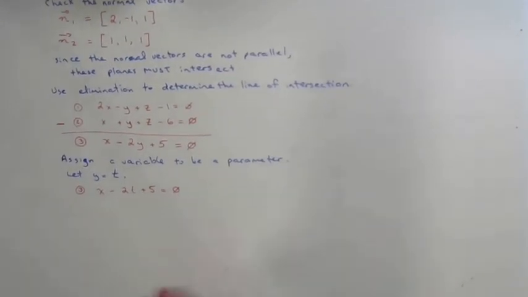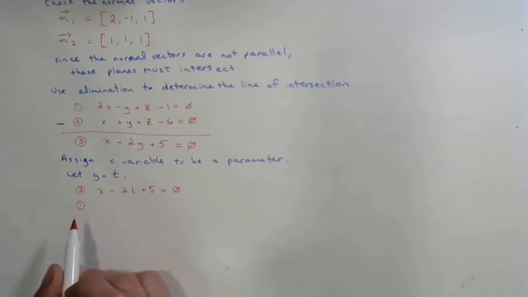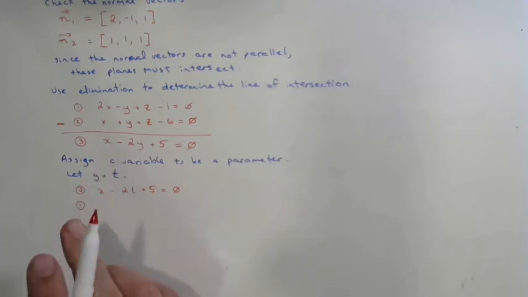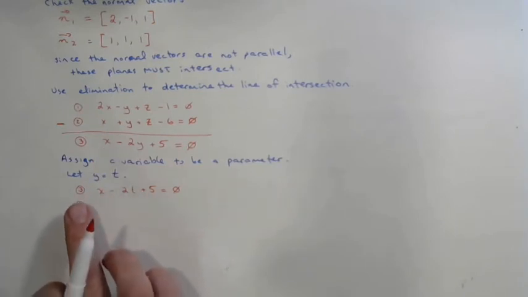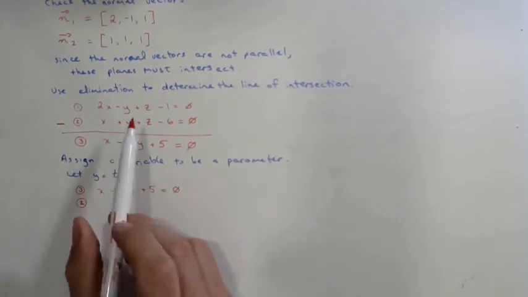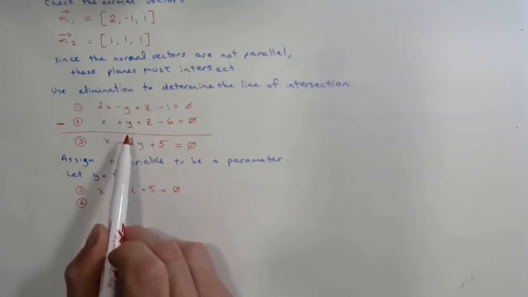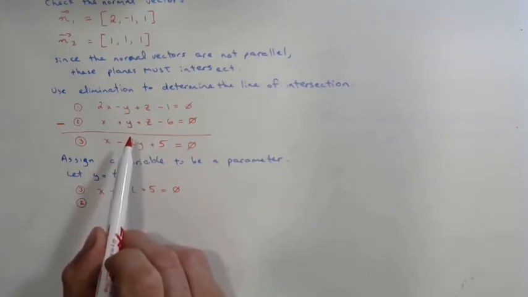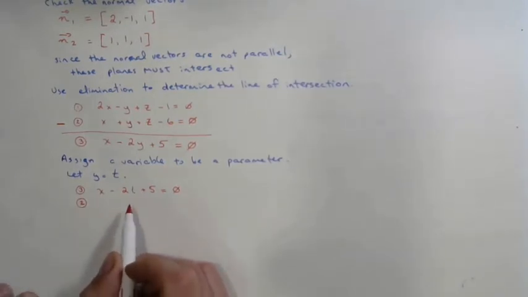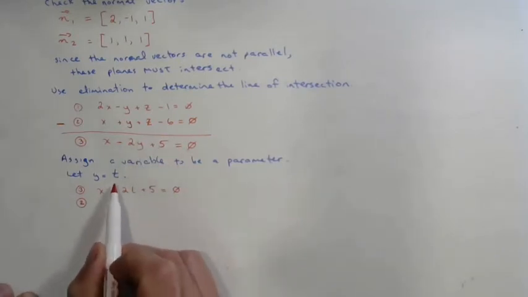Then we also have equation 1, which related x, y, and z already. And actually I'm going to use equation 2, because I could have used equation 1 as well, but what I'm going to do is use equation 2 to determine what z is in terms of t.